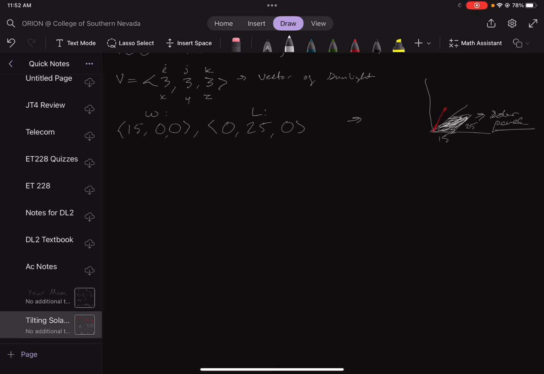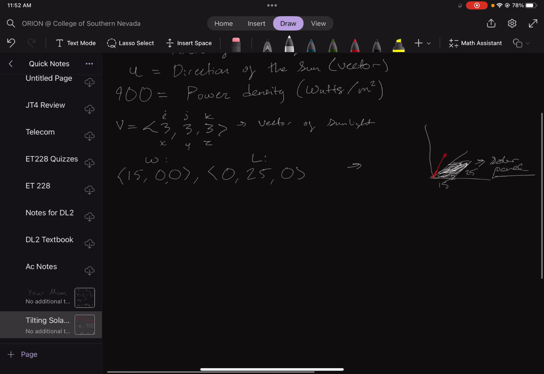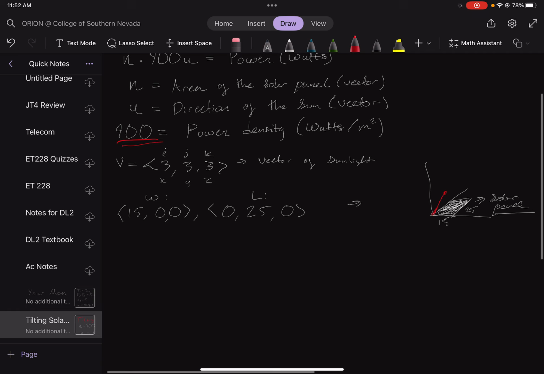It could be 5, 5, 5, 10, 10, 10. Really, all that's going to be affecting is the magnitude or the size of it. But really, what we're doing here is we're not using the magnitude of this vector. We're using it only for the direction of the sun, because the magnitude has already been defined by this value of 900 in our formula.